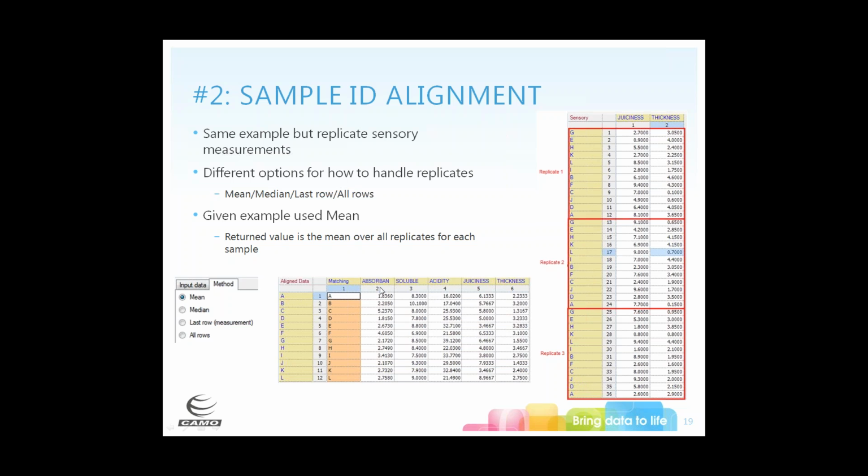So the aligned data table in this case has the same dimension as the instrumental data and the same order, but the juiciness, for instance, for sample A is actually the mean of sample A for replicate 1, 2, and 3.